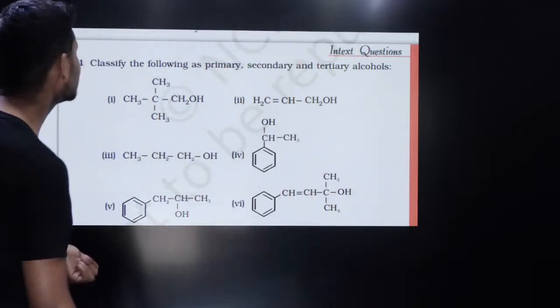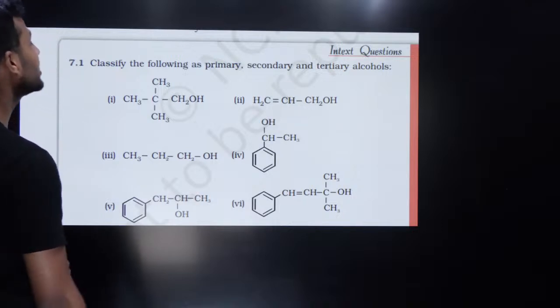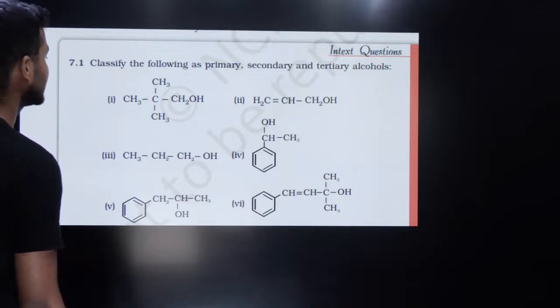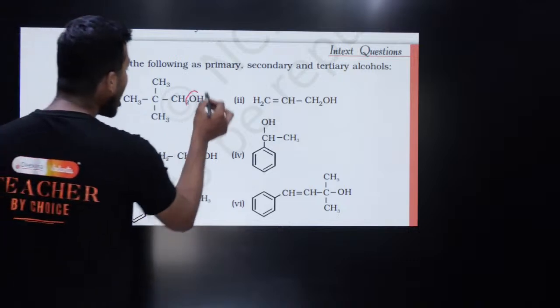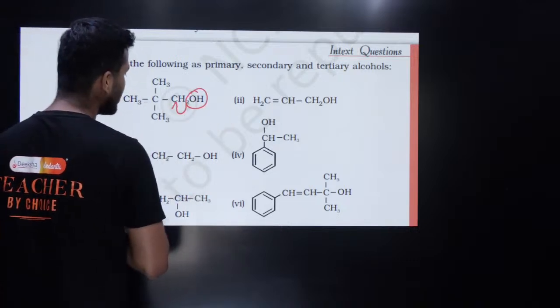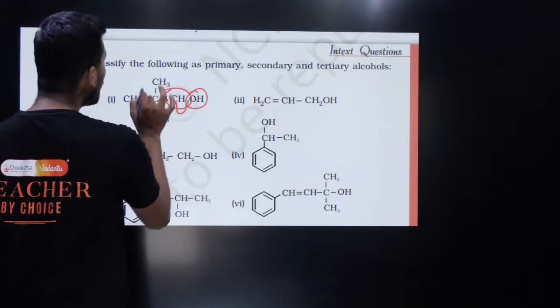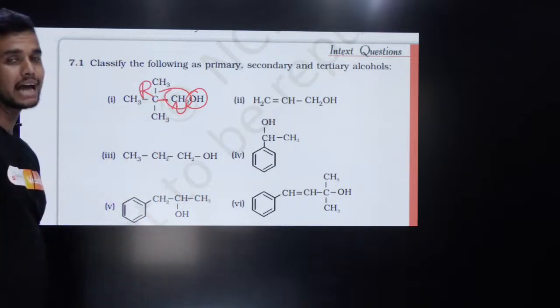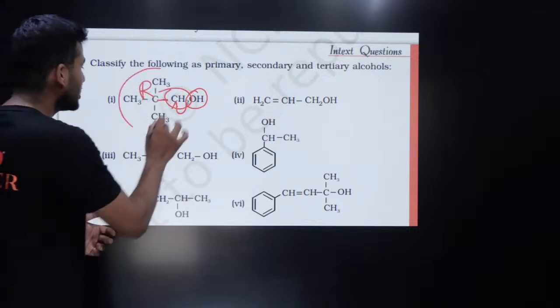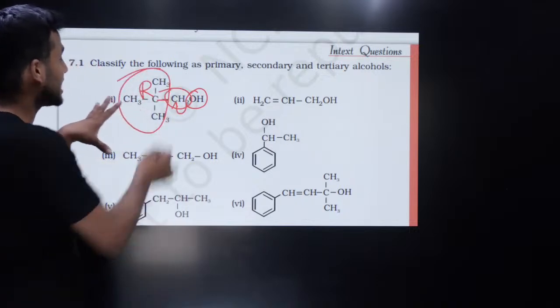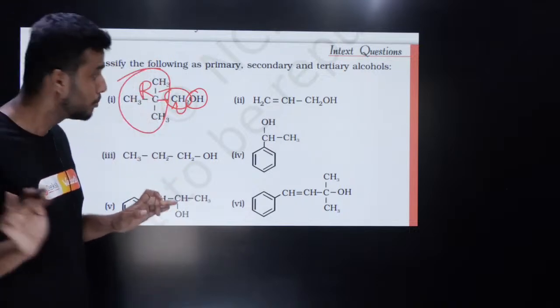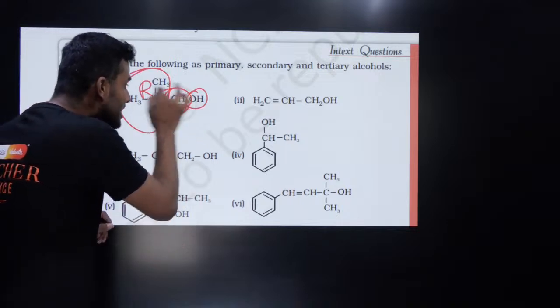Here the first question is: classify the following as primary, secondary, tertiary. Here the alcohol group is attached to this carbon atom. This carbon atom has 2 hydrogens and is connected to only one R group. One hydrogen is replaced by the entire R group. This entire part we call R, because we only concentrate on this carbon atom.